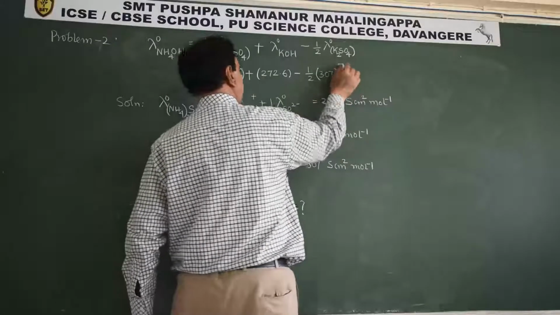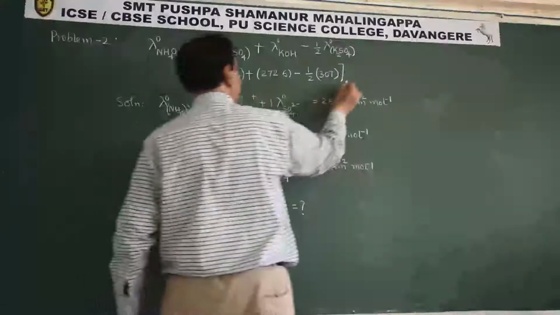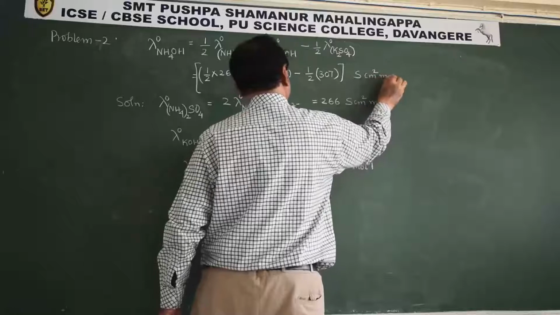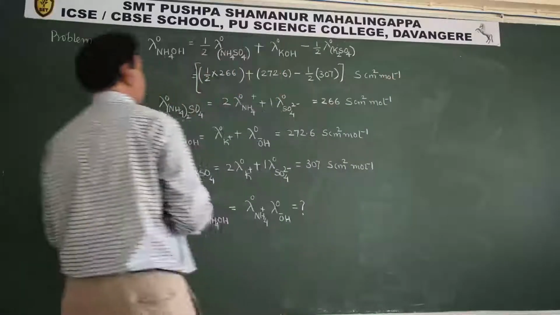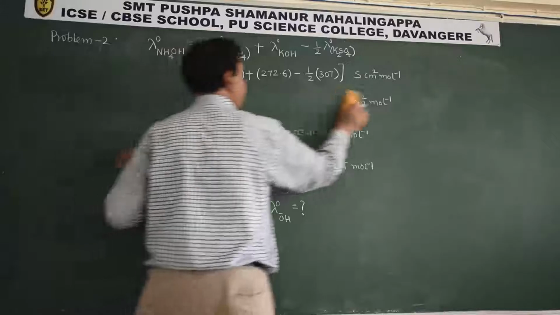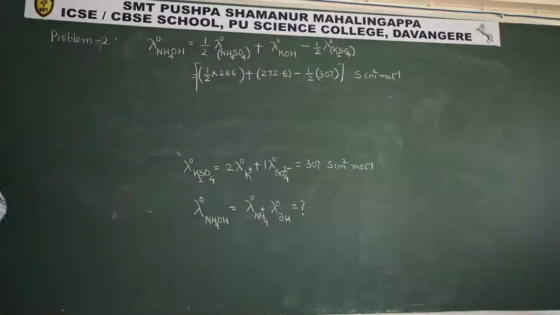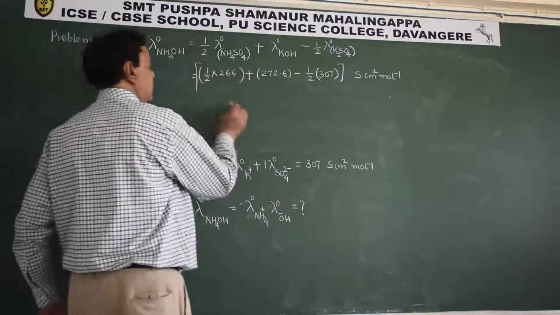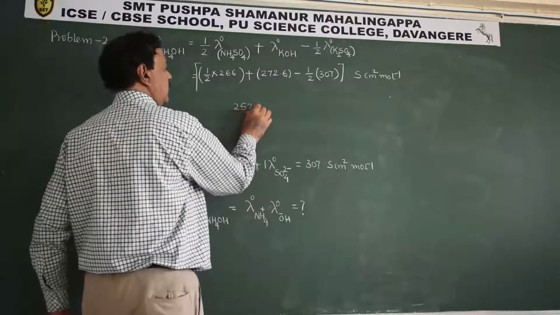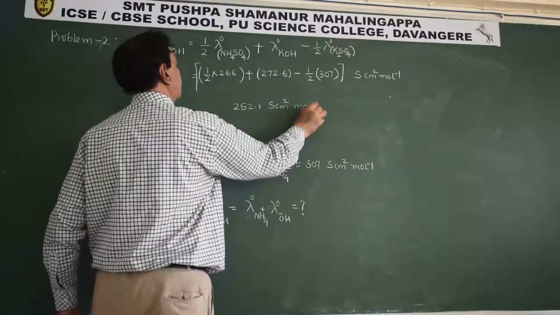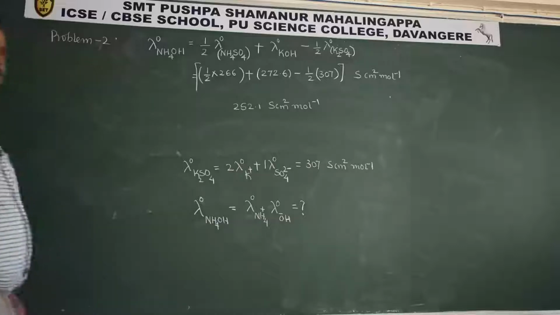The unit is Siemens square centimeter per mole. On simplification, the value is 252.1 Siemens square centimeter per mole.